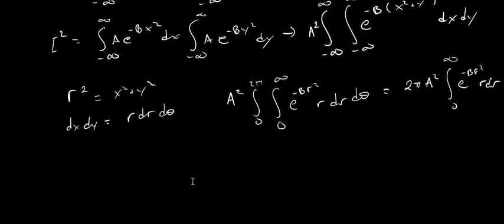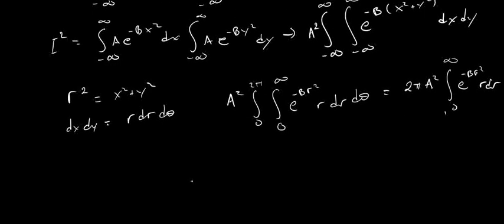Now, we can see this integral is easily evaluated with u substitution. So we can say that u is equal to minus b r squared, so that means du is going to equal minus 2 br dr. Well, let's see what we have.